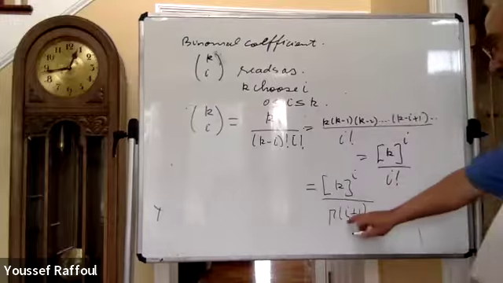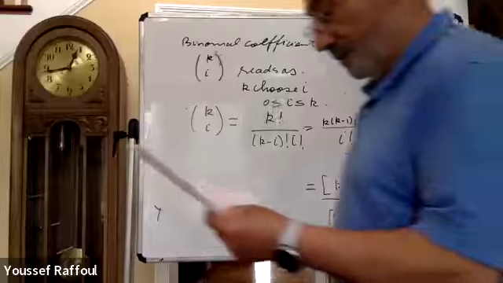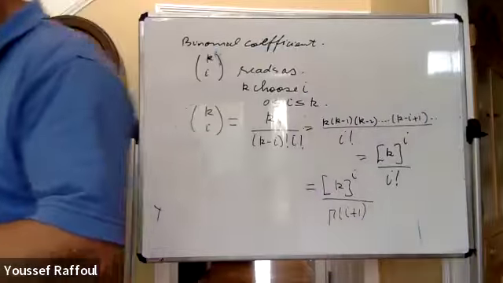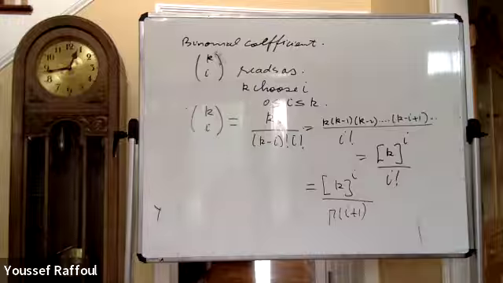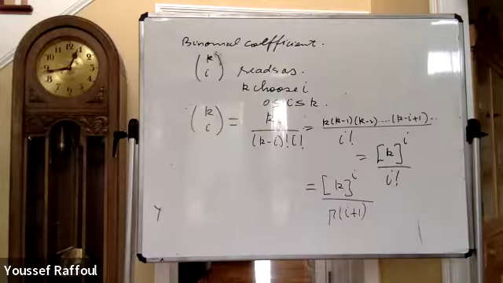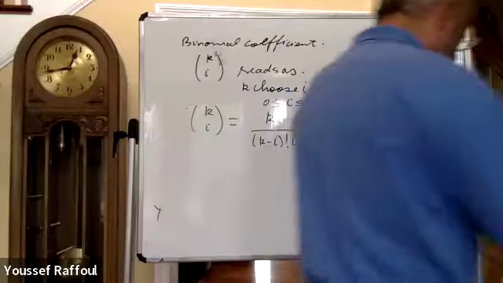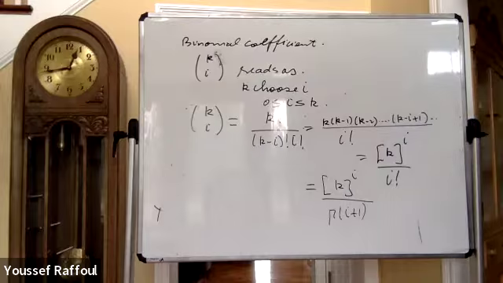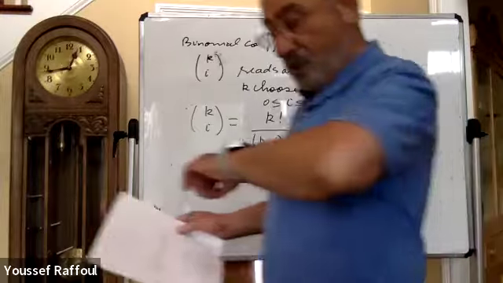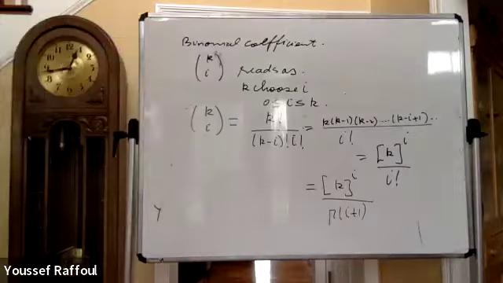Remember what i factorial is, gamma of i plus 1. So these are the binomial coefficients. All right? And there are more about them that we're going to use later. And so I am going to stop here for today.